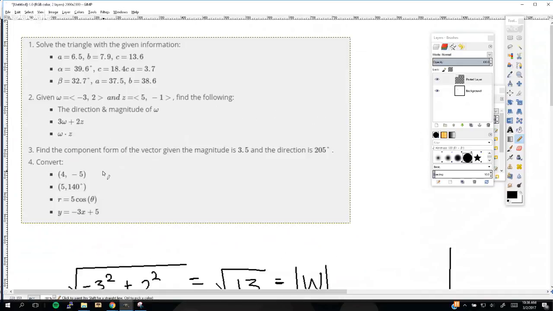Okay, and then find the component form of the vector given the magnitude is 3.5 and direction is 205. And this is just finding coordinates. So you do 3.5 cosine 205. Yeah, these ones are really easy too. It'd be nice if the entire quiz was just like this. I know, right?